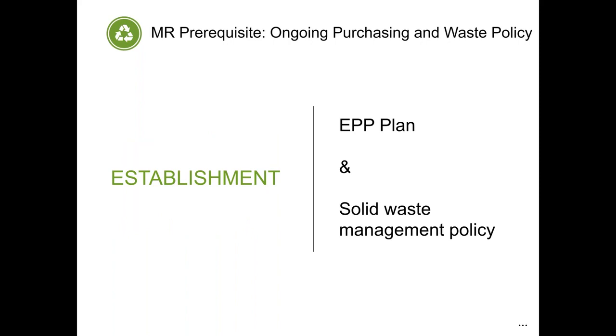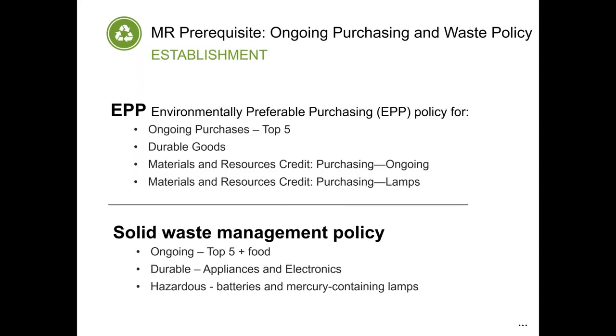For the establishment component, you've got your EPP plan. So this is your environmentally preferable purchasing plan, and then your solid waste management policy. EPP is definitely a common abbreviation, so be aware of that. And for that plan, you're looking at what are your top 5 most common purchases made for your property.